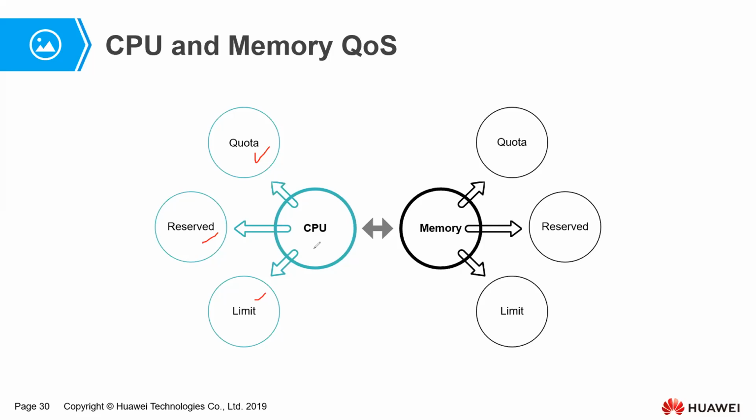Okay, so the system ensures the CPU quality of service of virtual machines by ensuring minimum computing resources and resource allocation priority. Let me repeat again. The system ensures the CPU quality of service of virtual machines by ensuring the minimum compute resources and resource allocation priority.